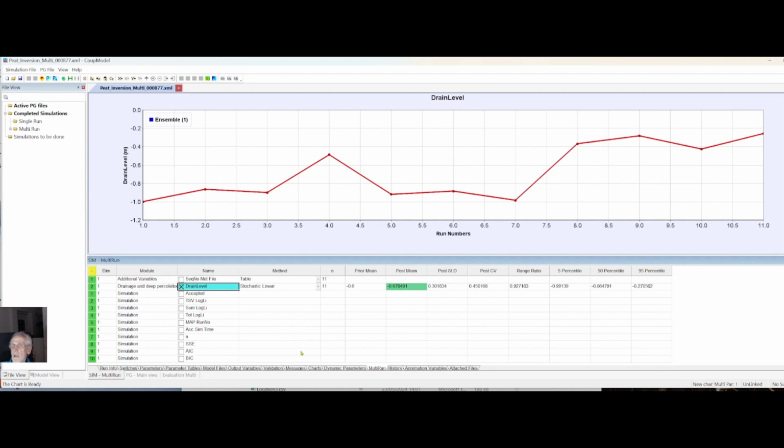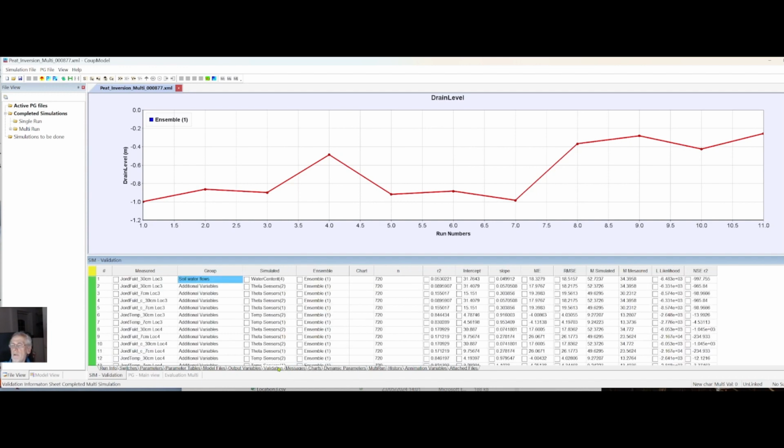and then we could look to the results, and if we click to the validation, we can say this validation sheet looks a little bit more with more information compared to before. We have all the different validation variables. Actually, we have 15. We have 2 groundwater levels.